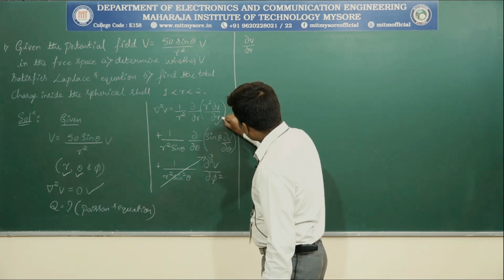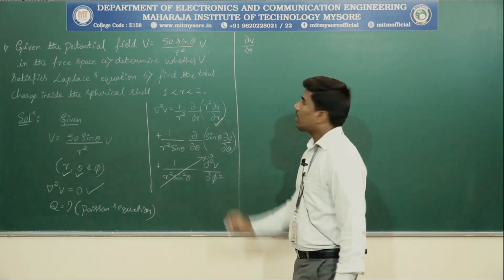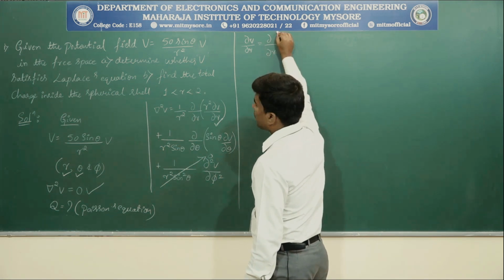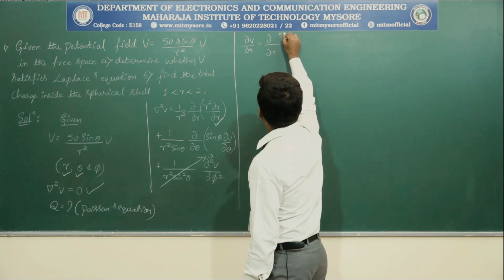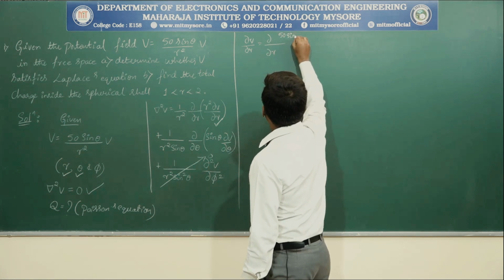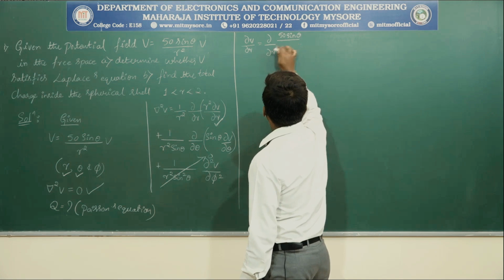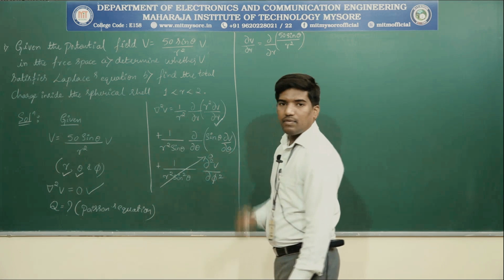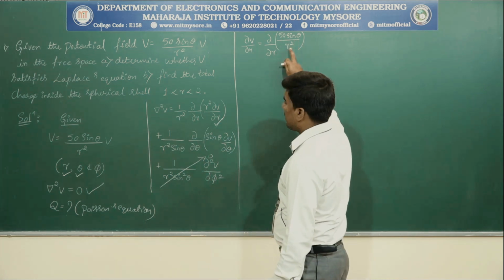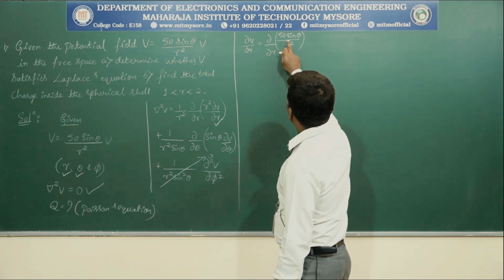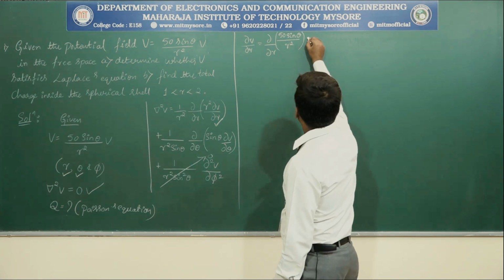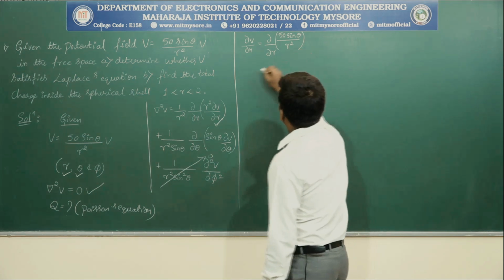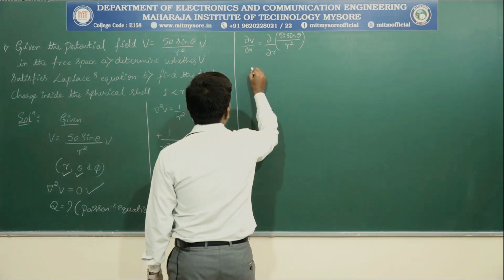This component, dou V by dou r, that is dou by dou r of 50 sin theta divided by r square, right? This is the given quantity, 50 sin theta divided by r square. So what is the differentiation of 1 by r square?